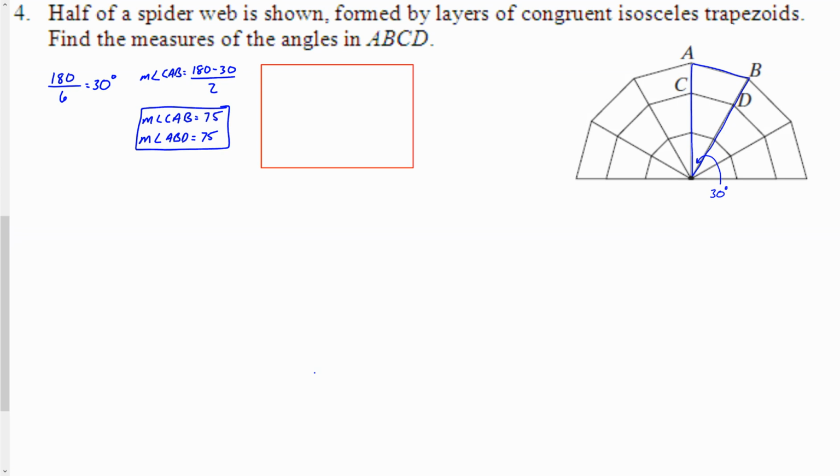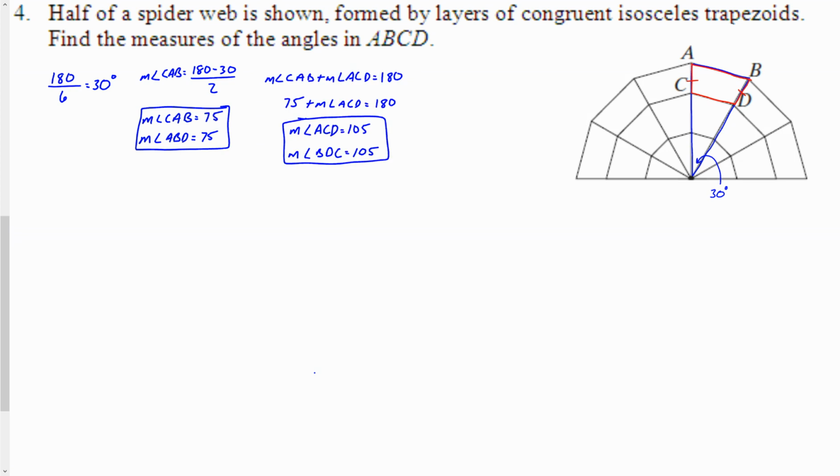Now that we know those values, we would be able to look at the specific isosceles trapezoid that I now have outlined in red. Since we know the measure of two base angles, we'd be able to find the measure of the other pair of base angles, similar to what we just did in the last problem.